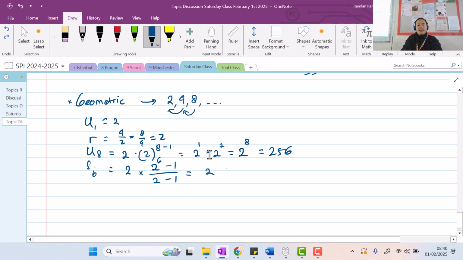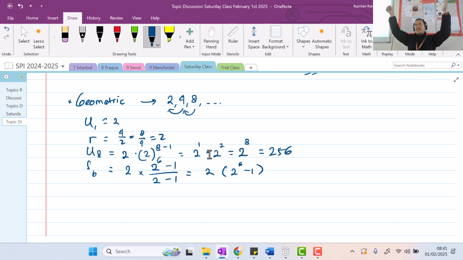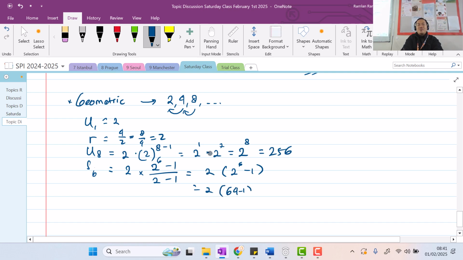And then just multiply that 2 to the power of 6 minus 1. What is 2 to the power of 6? 2 times 2 times 2 times 2 times 2 times 2 is 64, guys, yeah. So that'll be just 2 bracket 64 minus 1, and it'll be 2 times 63 will be 126.